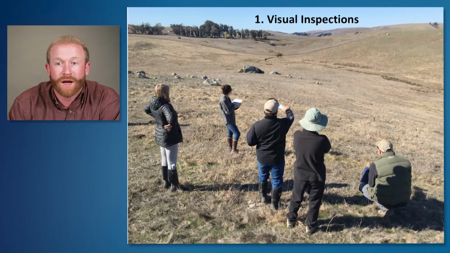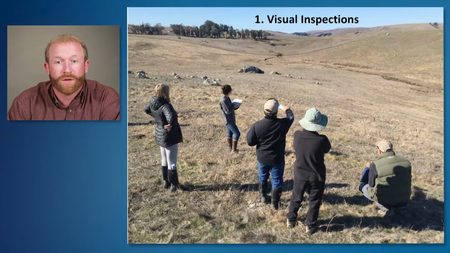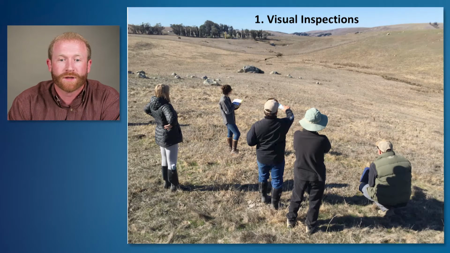Maybe you had a catastrophic event like a flood or a wildfire change some of the attributes of the property, or maybe it's just a prescribed fire you did on one of your paddocks that is a one-time seasonal thing. But this is where you would step back and look at attributes and components of the ranch, both infrastructural and ecological, and document the general trends you're seeing from one year to the next.